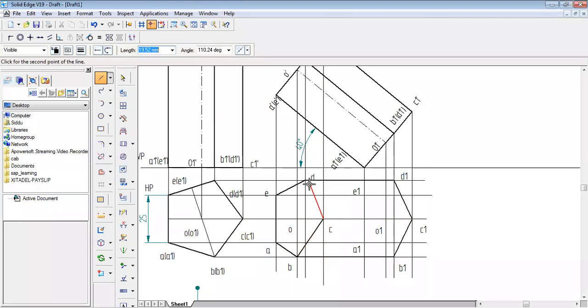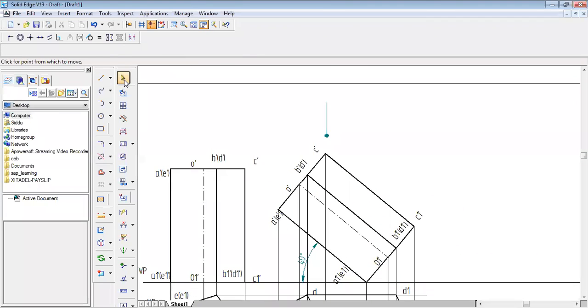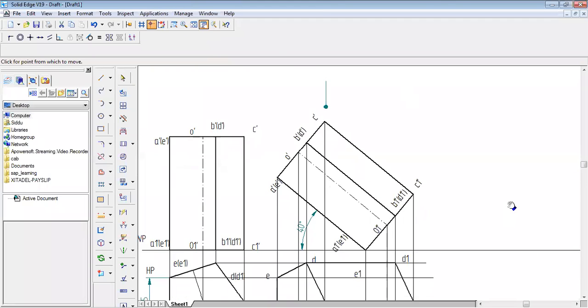Also C to D is seen to me, connect them with a thick line. D to E is also going to be seen to me, already connected by default. So now C dash to C1 dash is also visible to me. This edge is also seen to me, friends. That also you just connect.